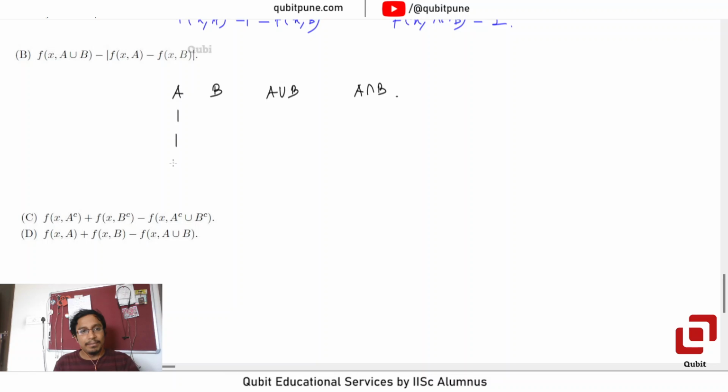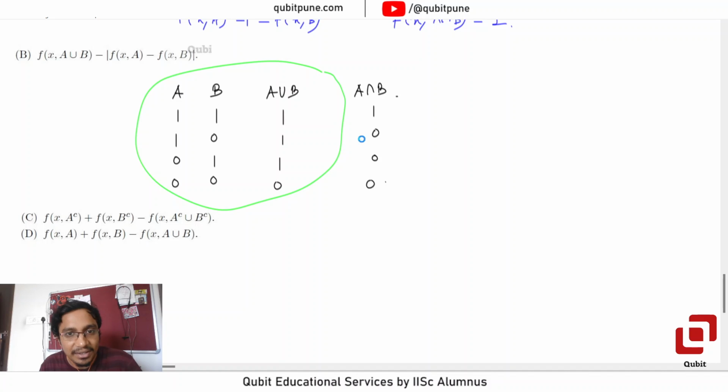Now I am indicating by ones that it belongs to A. Come on, tell me. See, basically what you have to do is you have to algebraically do the operations here and see if you are getting that.